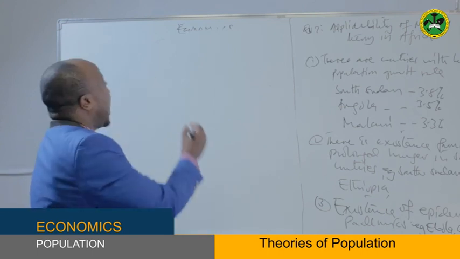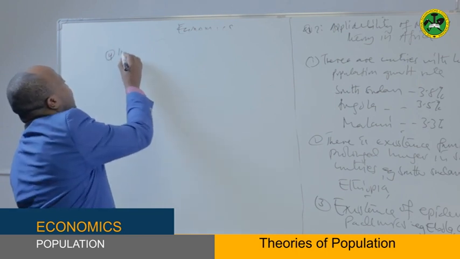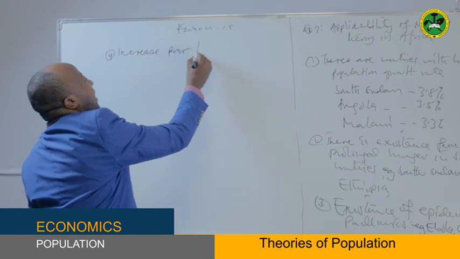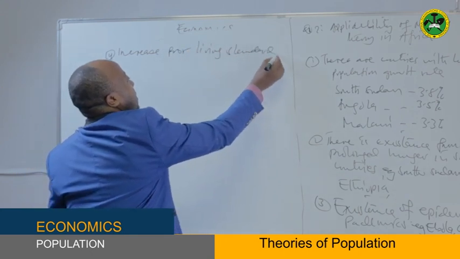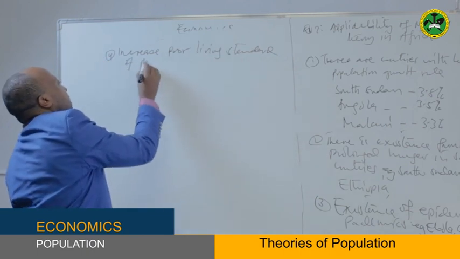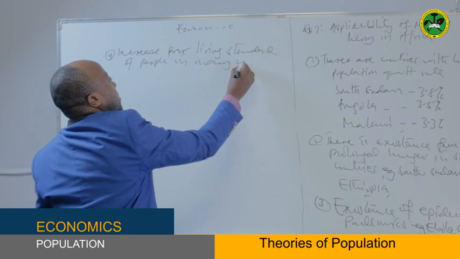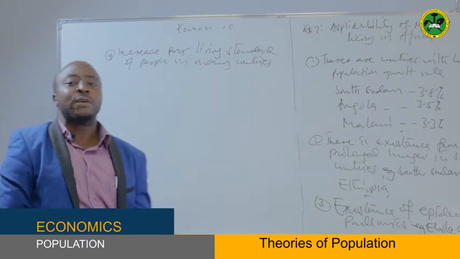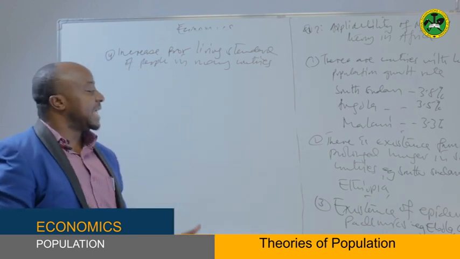But also, we have number 4, which is increasingly poor living standard of people in many countries. Poor living standard indicates that they are not getting enough food, enough services, enough requirements.